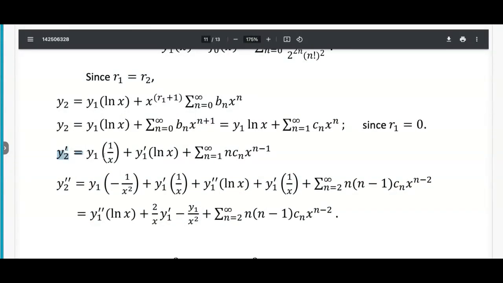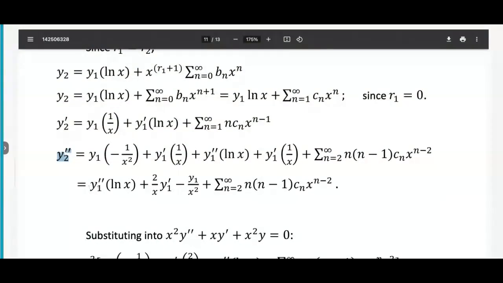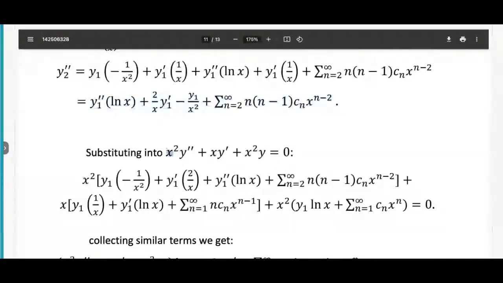And y2 prime, we can differentiate this, so we get this. Then we differentiate this again and we'll get y2 double prime. I think it's worthwhile for you to do the calculations, substituting back into the original differential equation because we want to check if it's indeed a solution.